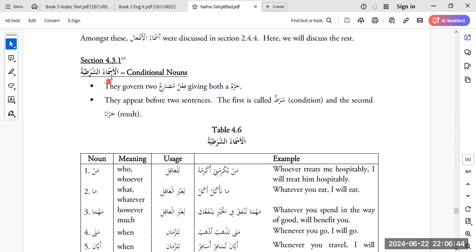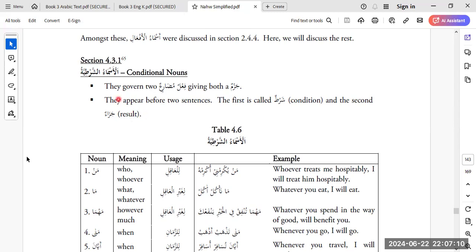What they do is, al-asma'u ash-shartiya, they govern mudari', they give jazm to the shart as well as jawab shart, if it's mudari'. They appear before two sentences. The first is called shart and the second is called jawab shart, or you also call it jaza in other grammar books also. Condition and the result. So you can say shart and jawab shart.